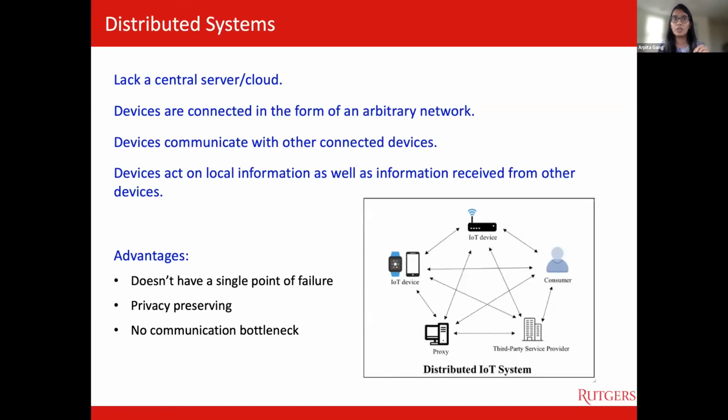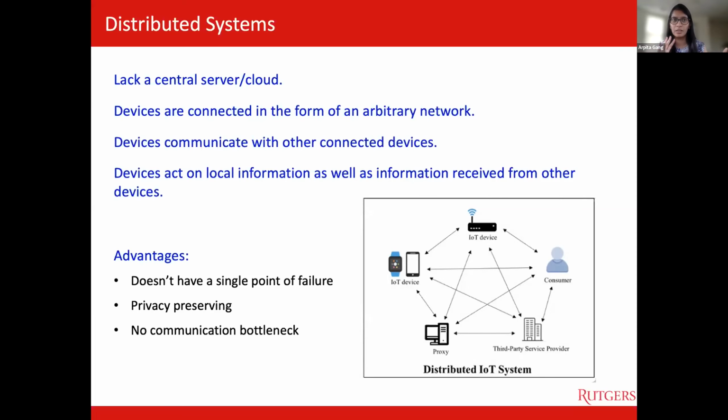There are certain advantages of these distributed systems over the centralized ones. First one would be that it does not have any single point of failure. In the centralized system, everything is connected to the cloud, so the cloud can be a central point of failure, which does not exist in the distributed systems. It's privacy preserving, because the data is not collated at a single location.